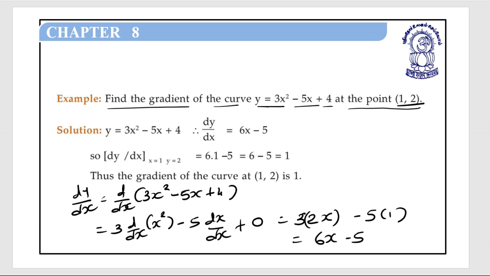Here the point is given (1, 2), okay? So x is equal to 1, y is equal to 2. Put the value of x: 6 into 1 minus 5, 6 minus 5 is equal to 1. Thus the gradient of the curve at (1, 2) is 1.